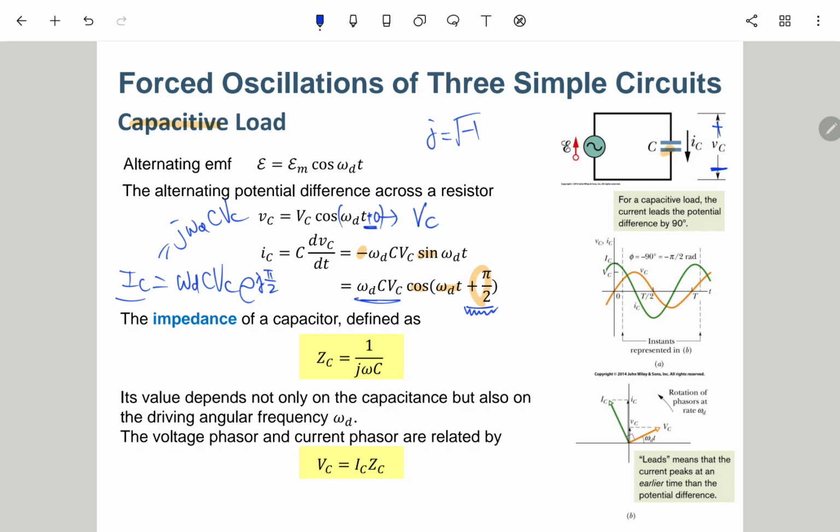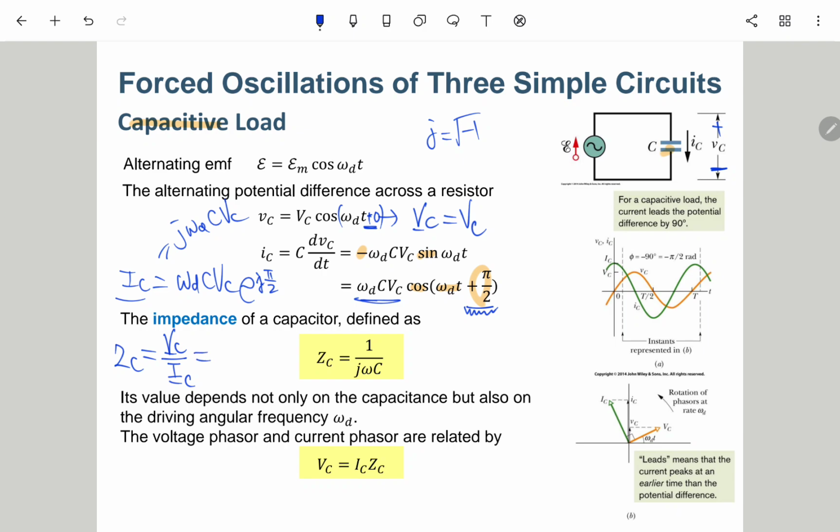Okay, so here we try to define Z_C. Z_C is the impedance of the capacitor. Impedance of the capacitor is nothing but V_C over I_C.